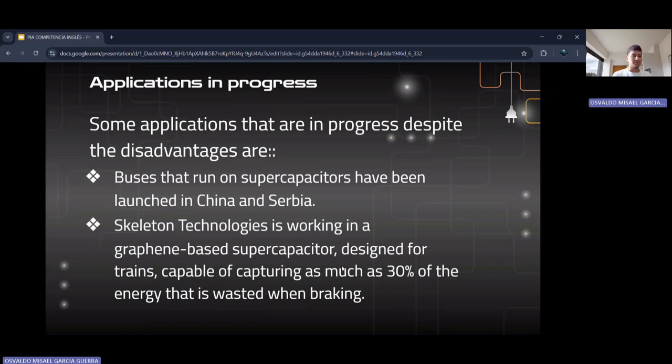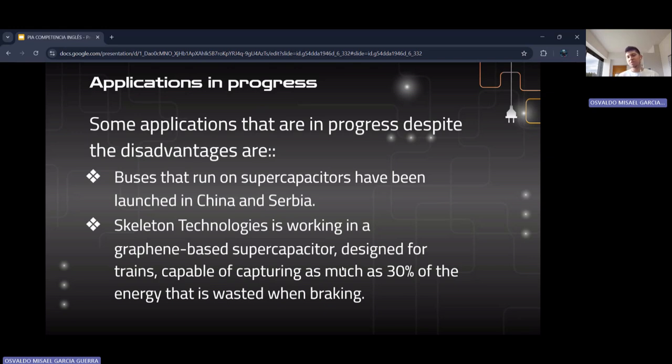Now we have the applications in progress. Some are already introduced to society, but they also have these applications in progress. For example, in Shanghai and Belgrade, China and Serbia, there are buses that run on supercapacitors, and scaling technology is also working on a graphene-based supercapacitor.